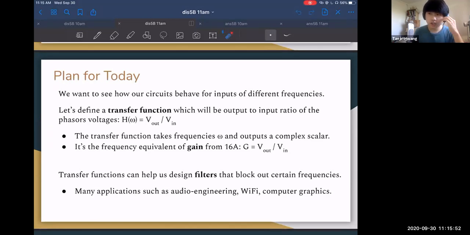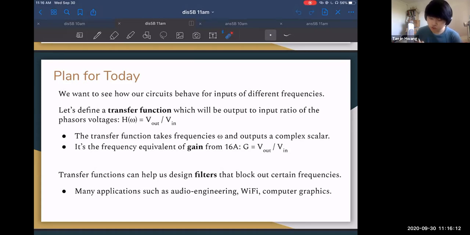We want to take a look at a range of frequencies. For example, what if we have a very low frequency signal, or what if you have a very high frequency signal? Instead of thinking about a single fixed frequency, we want to look at a large range of frequencies and see how it behaves in general.